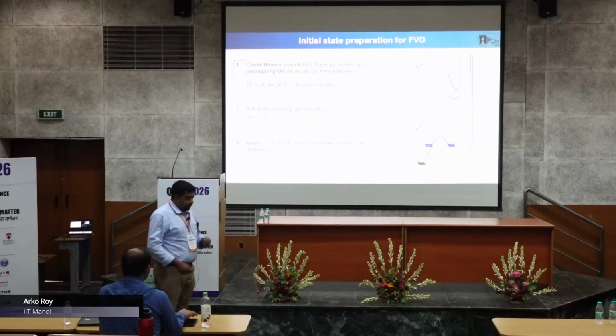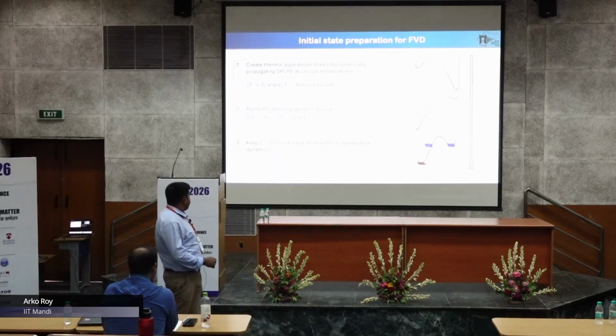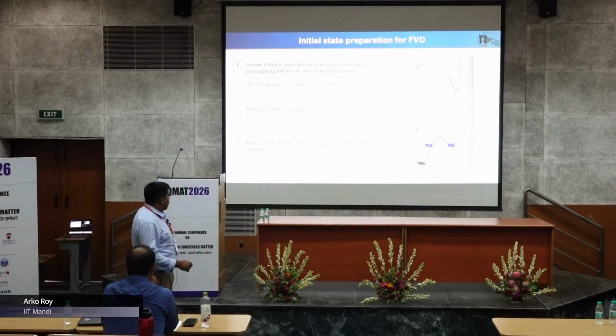Now, as I was telling you about the false vacuum decay, we initially prepared the system in this state using the SGPE at different finite temperatures, and then we gradually ramp the detuning term, as is done experimentally, to put the system here.